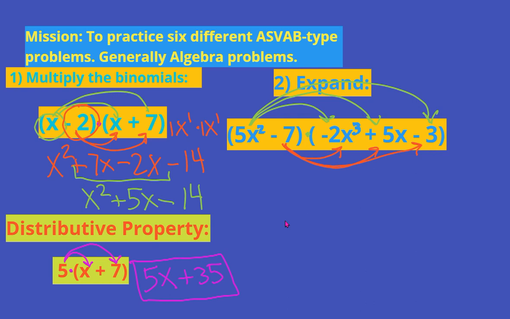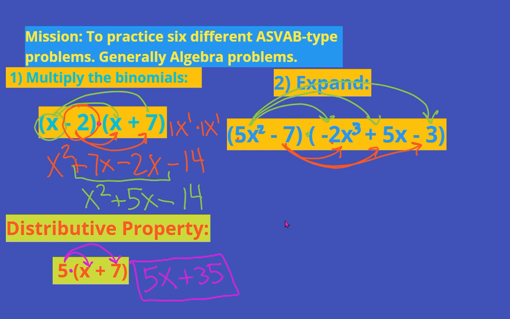But I do have to be careful because when I work out all these 5x squared times these three, I eventually might combine them with one or two of these, and that could change my final answer, okay? Because I'll have to combine like terms at the end of this problem, just like I did right here. All right, let's jump in.